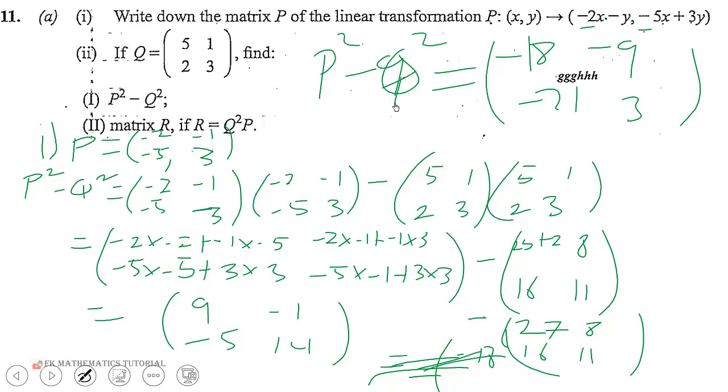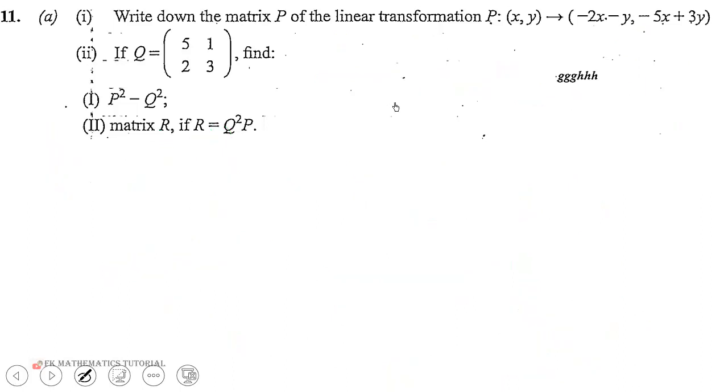We have to find matrix R if R is equal to q squared times p. So we found q squared to be 27, 8, 16, 11.